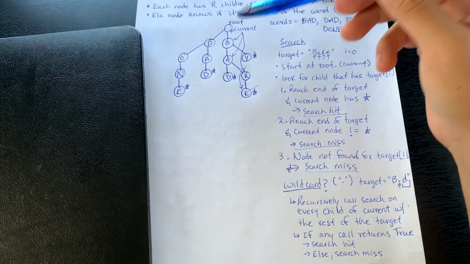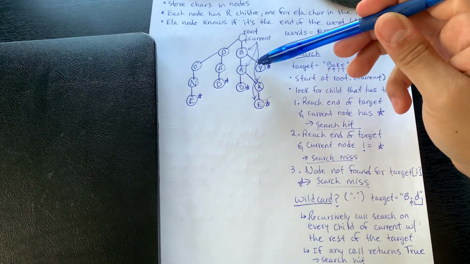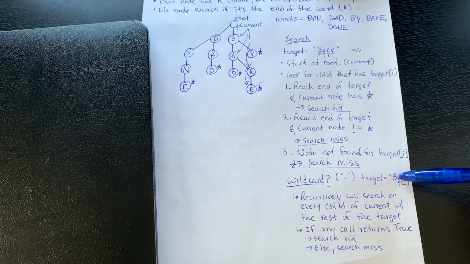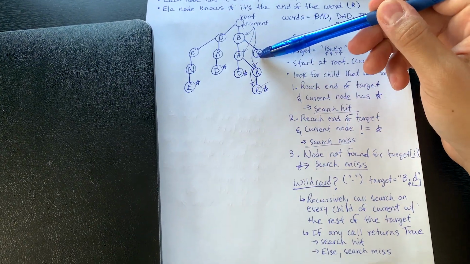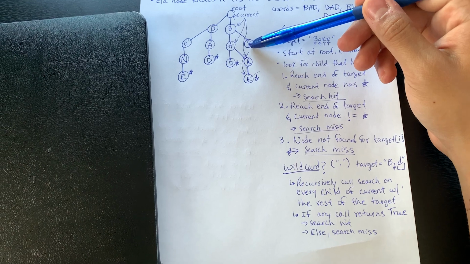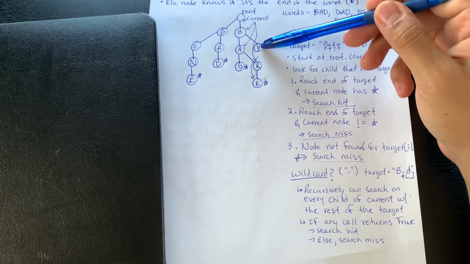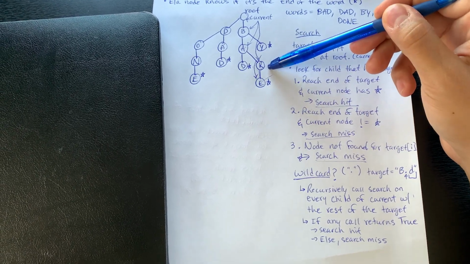So the reason for that is because our trie doesn't know which child of B will lead to a search hit, because the dot character can mean any character, right? So what we'll do is recursively call search on every child of B and see if any of those calls return true. So for example, if we choose to traverse down this path, we'll have a Y, but Y clearly does not have a child that has a D. So this is going to be a search miss.